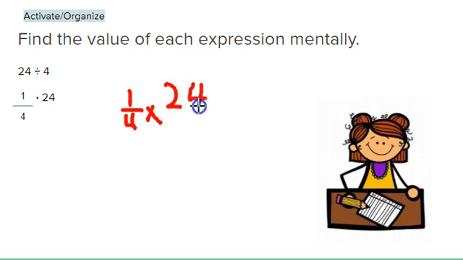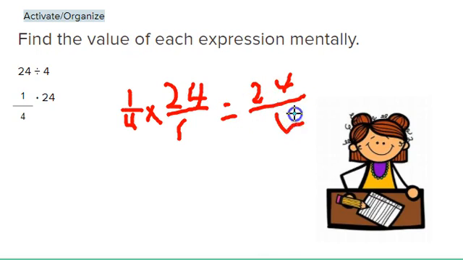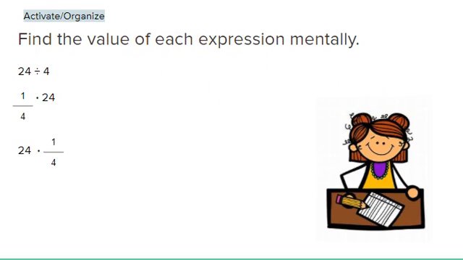Remember that you put whole numbers over 1 when you multiply by a fraction. 24/4. And you still end up with 6 for an answer. Is it the same if we just turn those two around, instead of 1/4 times 24, 24 times 1/4? Yeah, it's the exact same answer.